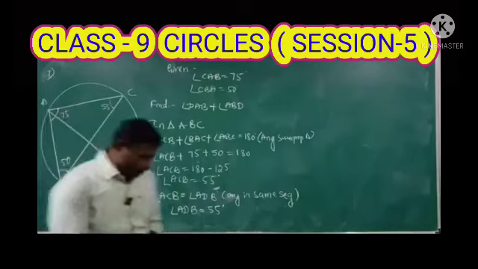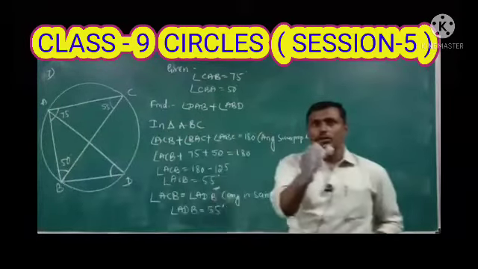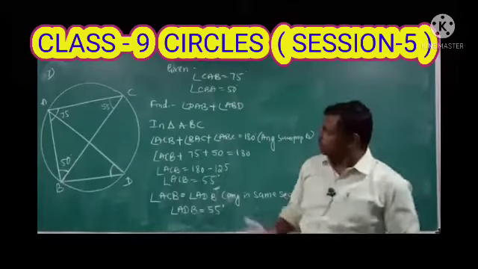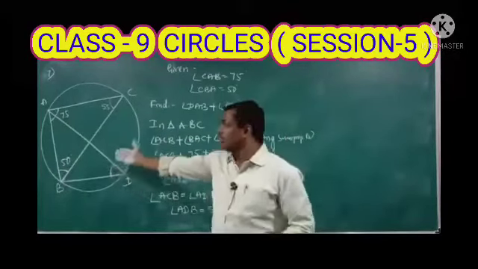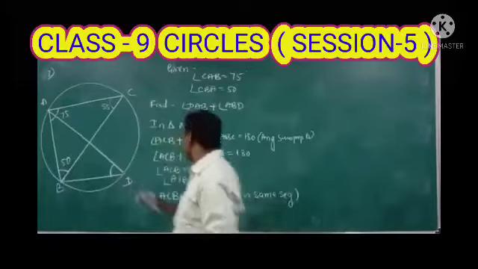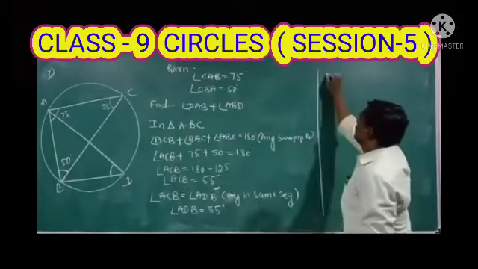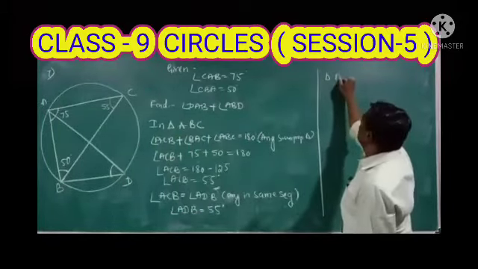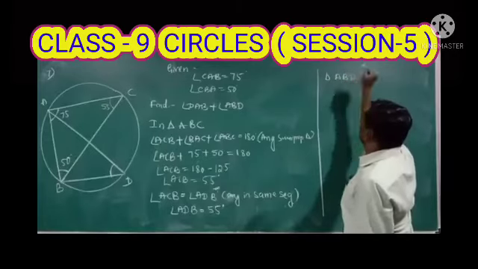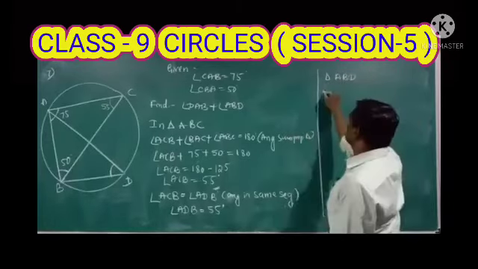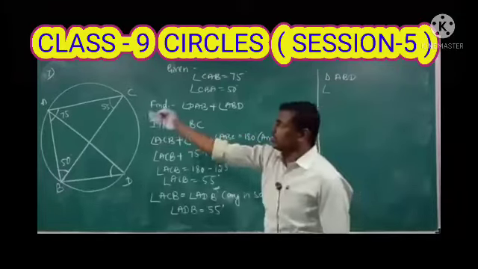So if you are going to calculate the two angles, consider the given triangle directly. What is the triangle? A, B and D. In triangle ABD, consider each individual angle. What are the three individual angles?